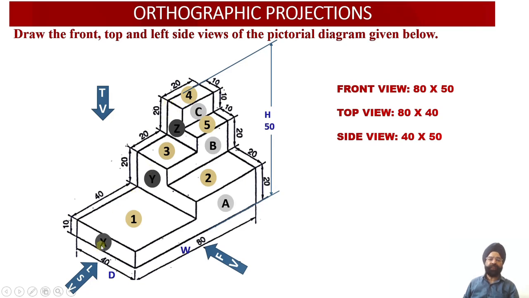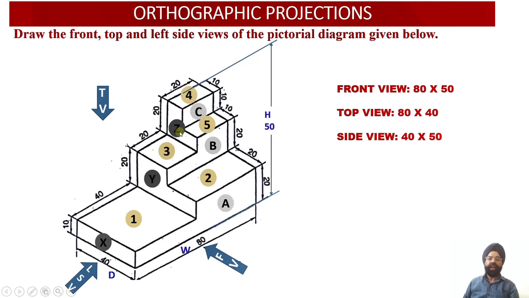So these 3 surfaces, surface X, surface Y and surface Z, the projections of these 3 surfaces will be obtained onto the profile plane, and since these 3 surfaces happen to be parallel to the profile plane, the projections of the surfaces X, Y and Z, which will be drawn onto the profile plane, will reveal the true shapes of these 3 surfaces.